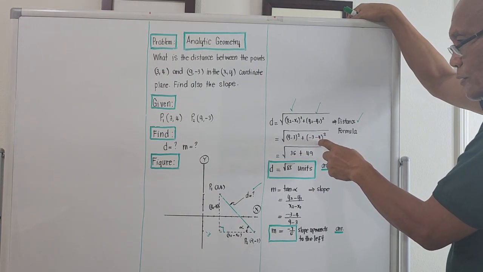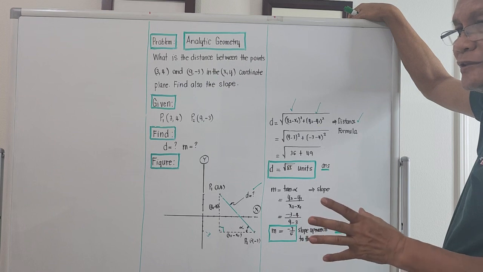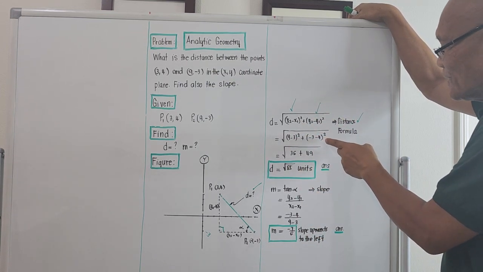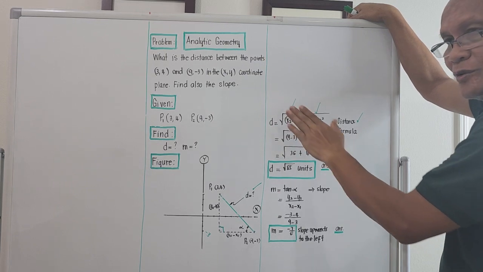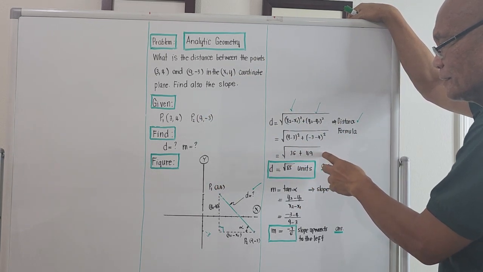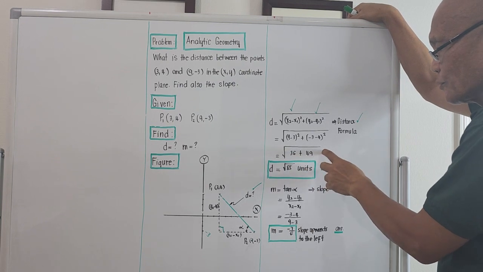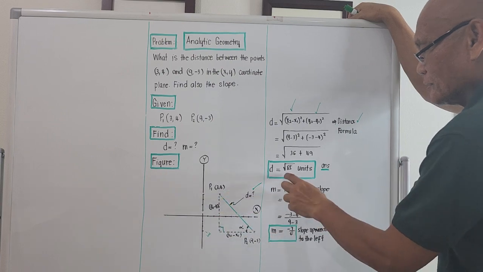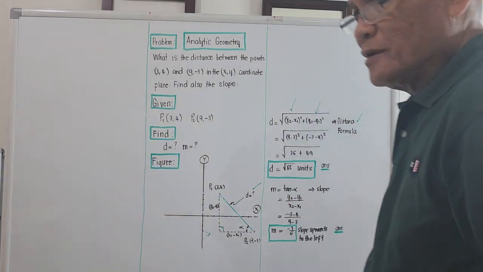Minus 3 minus 4, actually, they add up, they are both negative, so it will be negative 7, and if we square it, that will be 49. So 36 plus 49 will be 85. So the distance between these is actually the square root of 85.